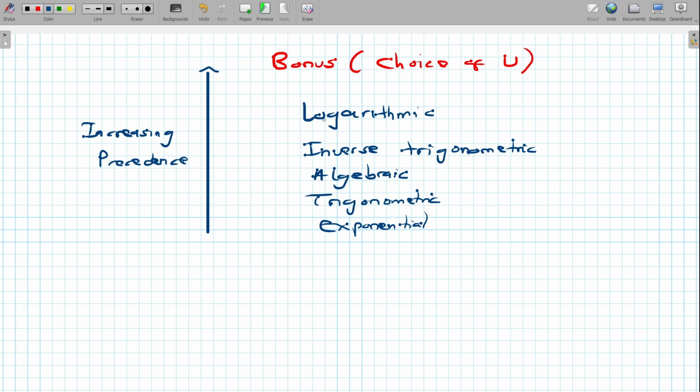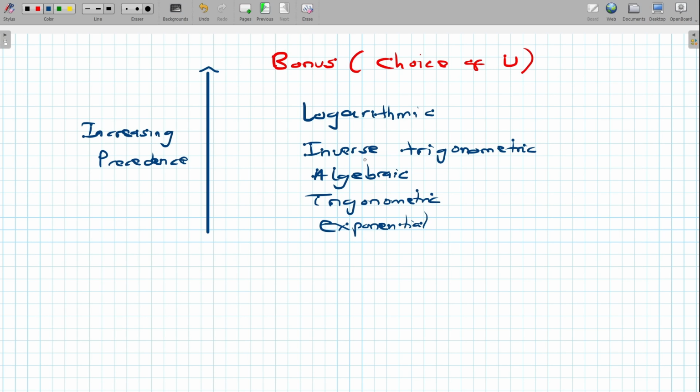But its precedence is lower than the logarithmic function. So if you have a logarithmic function and an inverse function, and you're told to integrate the product of these two functions, then you want to choose u to be the logarithmic function, and the other part to be the inverse trigonometric function. But if you have the inverse trigonometric function and an algebraic function like maybe t squared or x squared or anything like that, then the inverse trigonometric function has a higher precedence.